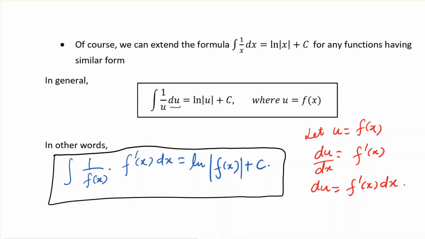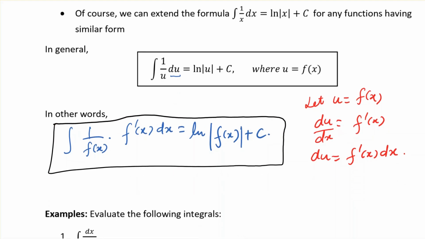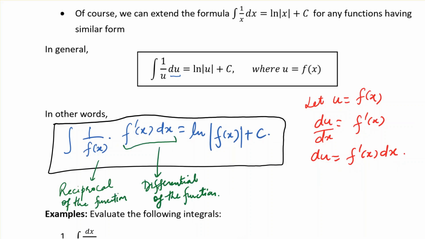If you analyze this expression, what we have here is the reciprocal of the function, along with the differential of the function. So the integral of this form would be ln of the absolute value of the function plus c.